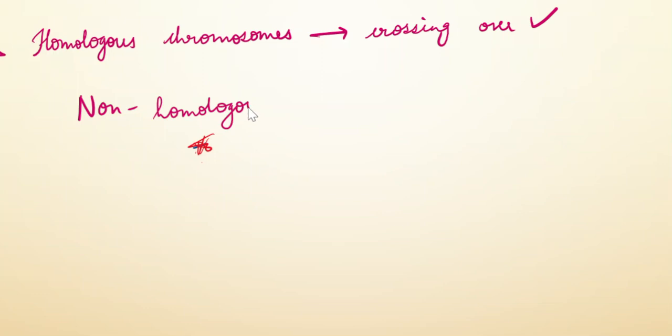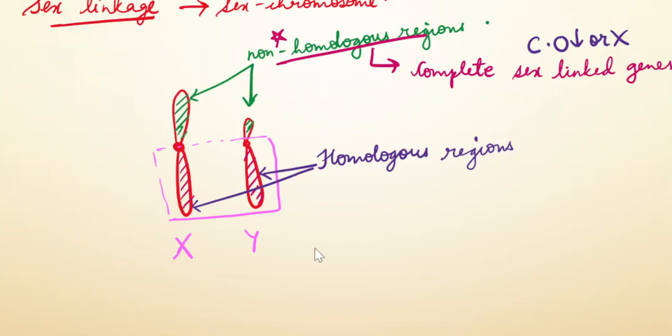So if we talk about the X and Y chromosomes, we are seeing two different regions: one is the non-homologous region and the other is the homologous region. The homologous region will take part in crossing over. As I told, on the non-homologous region there are complete sex linked genes present.